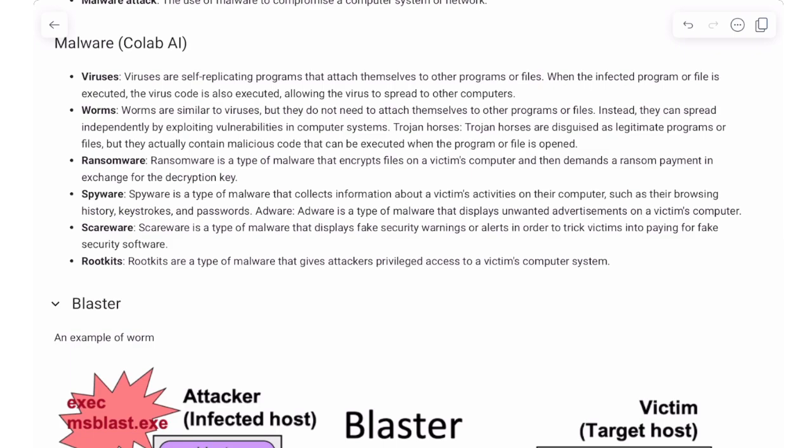Scareware is a type of malware that displays fake security warnings and alerts to trick the victim. Sometimes it says, okay, your cell phone has been hacked, please send me some money. But actually, this is fake information, fake warnings.